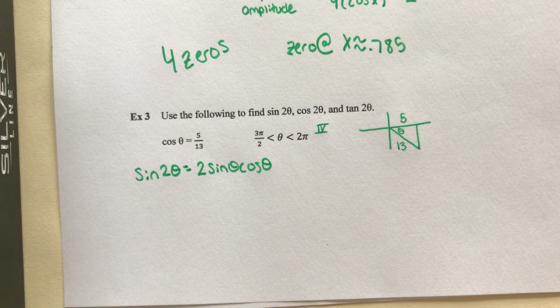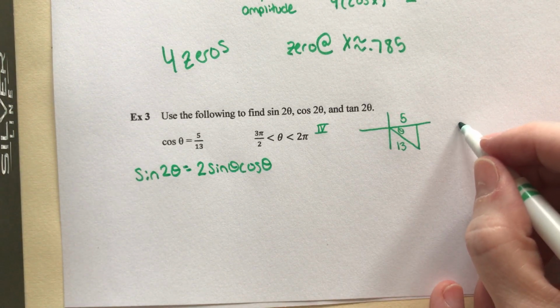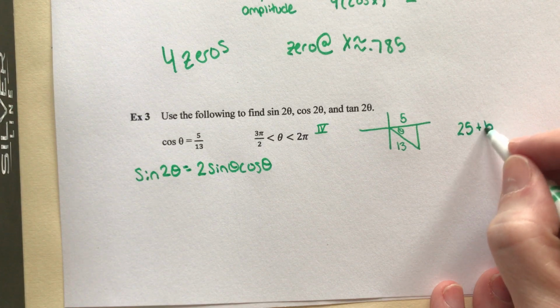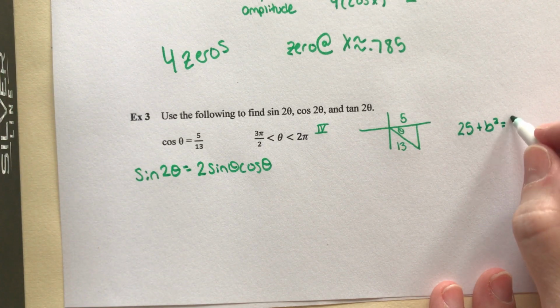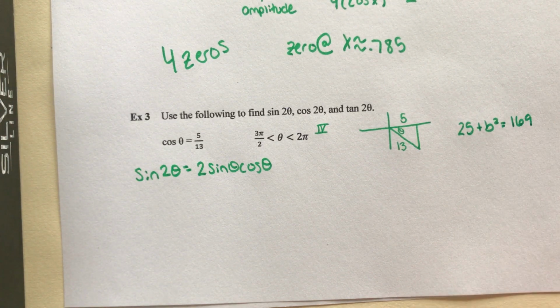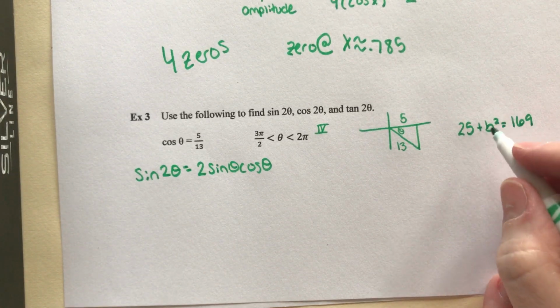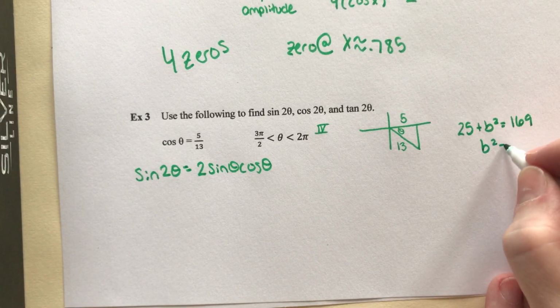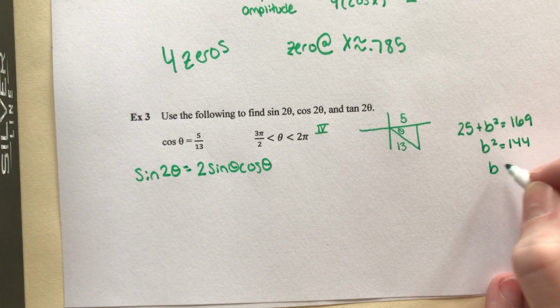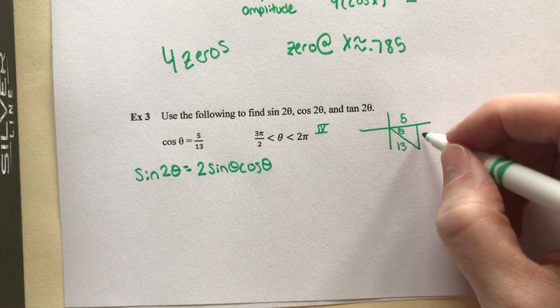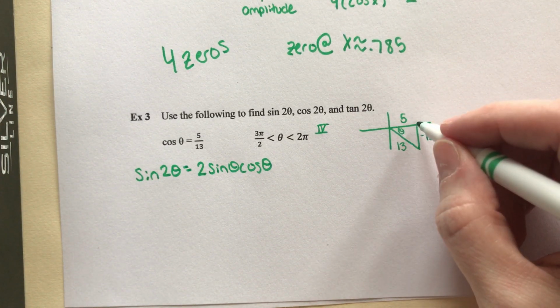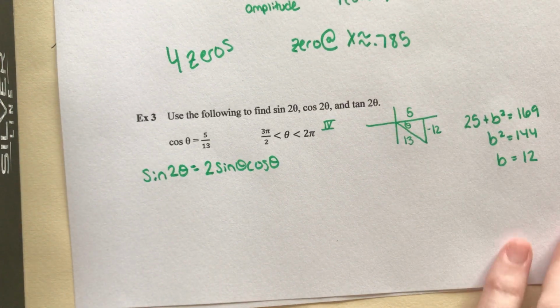So if I want to figure out the 3rd side, I can use the Pythagorean theorem. So a squared plus b squared equals 13 squared. That gives me 144. So my missing side is 12, and it's going to be a -12, right? Because you have to go to the right and then down to get to the 4th quadrant.